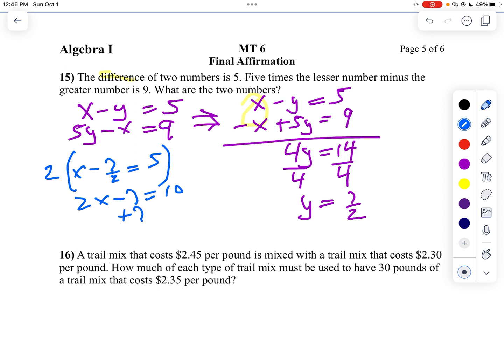Add 7 to both sides. 2x equals 17. I'll divide by 2. So x is 17 over 2. So my two numbers are 17 over 2 and 7 over 2. And there's your answer.